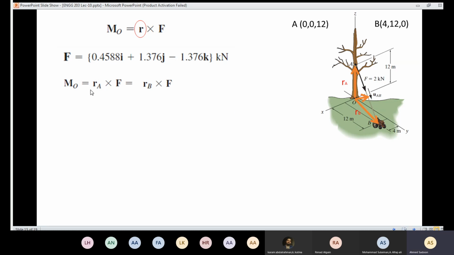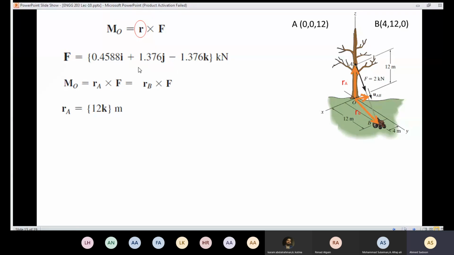Now I need to know RA. Since the vector is between the origin and A, the position vector is going to be 0i plus 0j plus 12k. Since this one is 0 and 0, I'm going to say that RA is 12k.